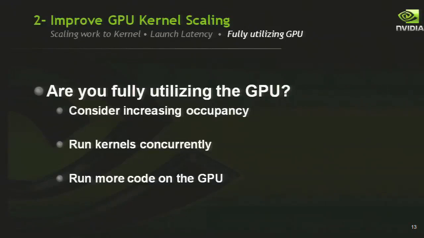You can try chopping down the threads, make them smaller, and run many more of them, and that way you're filling the machine better and being more performant. Or you can run kernels concurrently. If each of your GPU kernels doesn't take that much time and is not utilizing the machine very well, try running many of them at the same time, which we allow since Fermi. And with HyperQ, which is a Kepler feature, it's very easy to have multiple kernels running at the same time.